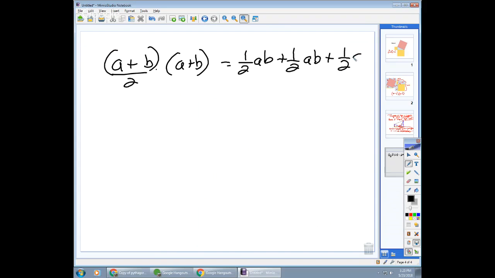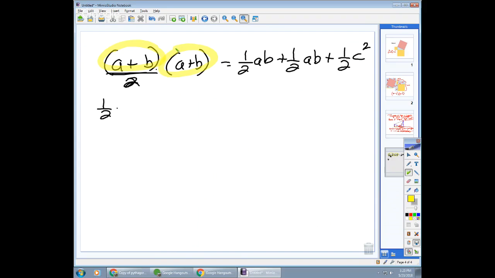Is it okay if I call that c squared? So this divide by 2 out front, I can just pull that out as a 1/2 instead, because multiplying by 1/2 is the same as dividing by 2, isn't it? So then that leaves me on this left side to multiply this guy by that guy.